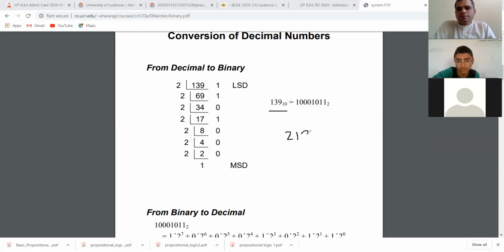If it is written 213 base 8, then it is not equal to 213 base 10. Generally we work in the decimal number system, base 10. Whatever studies we do are in the decimal number system, base 10. But if it is written in octal number system, then this is not equal to 213 in base 10, which we study.